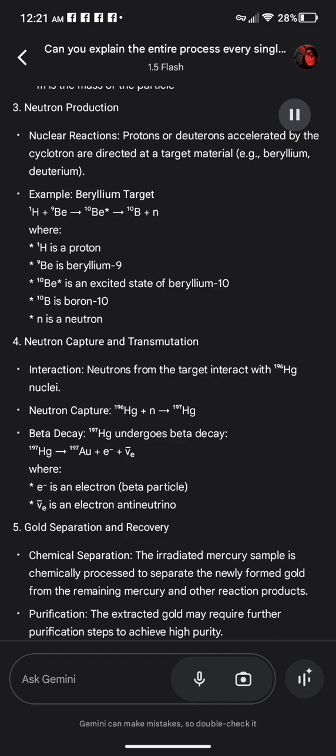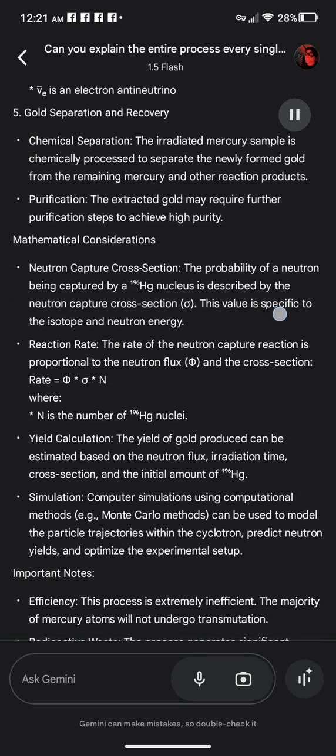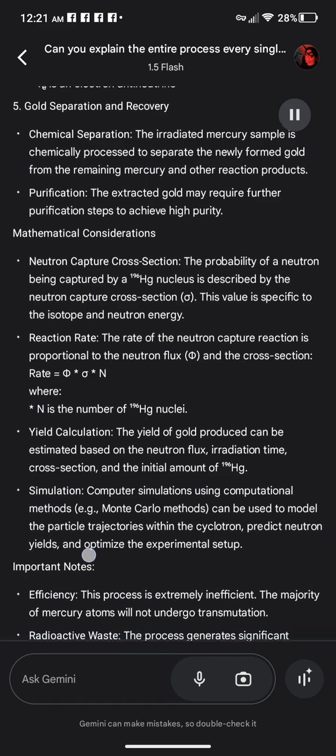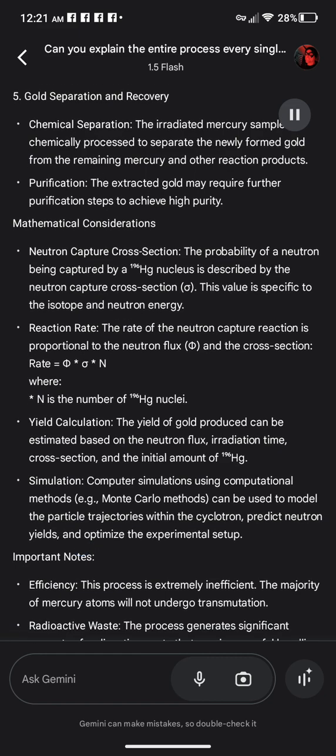Five, gold separation and recovery. Chemical separation. The irradiated mercury sample is chemically processed to separate the newly formed gold from the remaining mercury and other reaction products. Purification. The extracted gold may require further purification steps to achieve high purity.